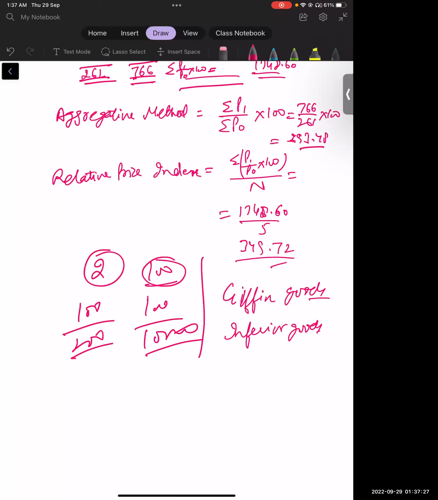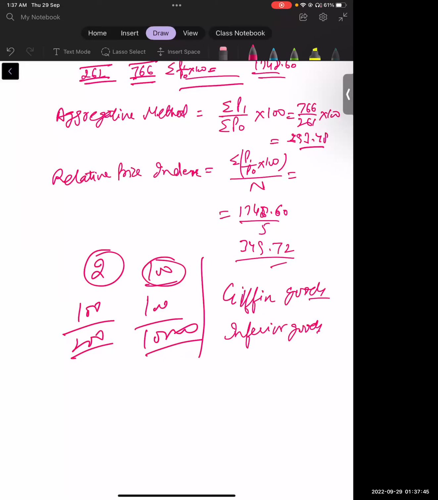Are you reading it from somewhere? No, not. Now tell me. An inferior good was a good that isn't a necessity. Or that is a necessity.